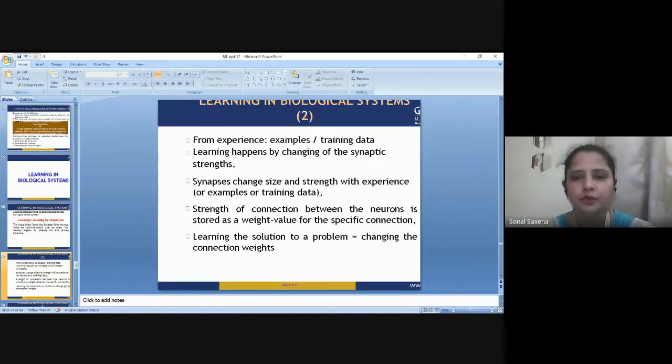Now, how do biological systems learn? There are various ways. One way is from experience, like from the examples or whatever training they have got from their parents or by the surroundings, by adaptation. Second, the learning happens by changing of the synaptic strengths. Synapses actually change size and strength with experience.